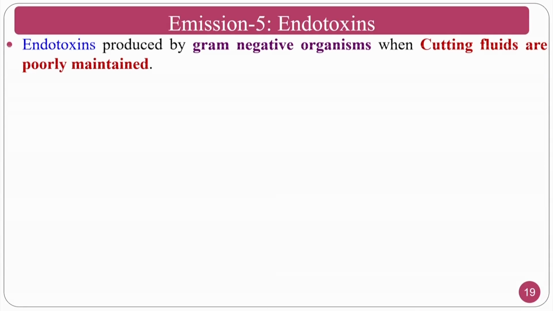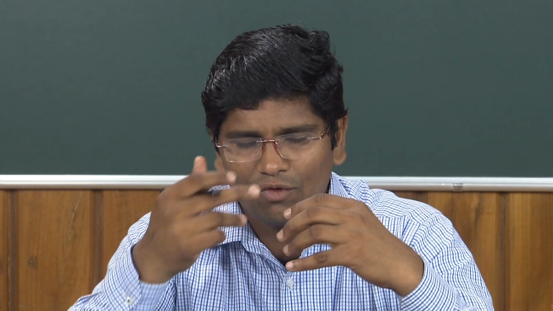Endotoxins are produced by gram negative organisms when the cutting fluids are poorly maintained. That means, in the laboratories, if you are not using the cutting fluids frequently, these cutting fluids are used for a semester or two semesters.